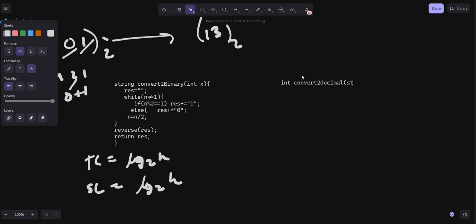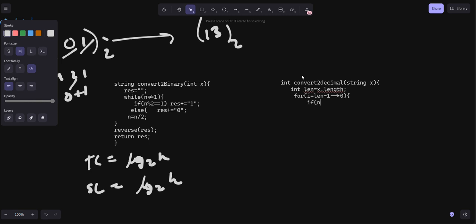If I am given x as a string, I can just say int length is equal to x dot length. First I need to get the length, and then for i equal to length minus 1, go till 0. I'm not focusing on the syntax for now, just see the logic behind this.